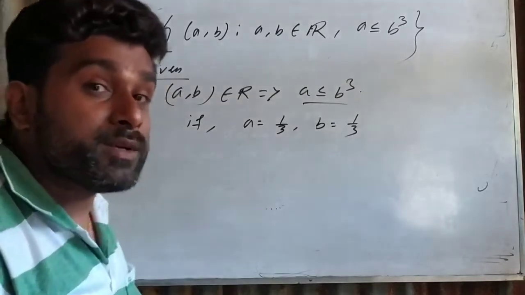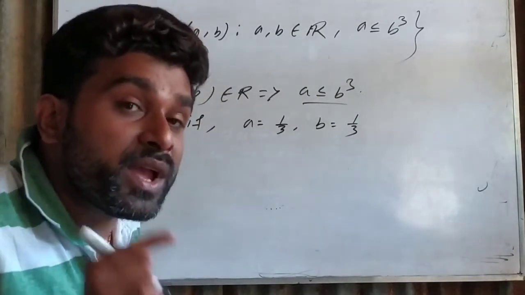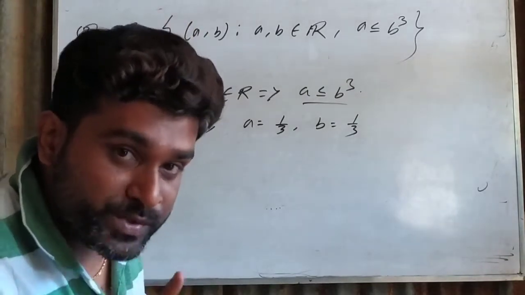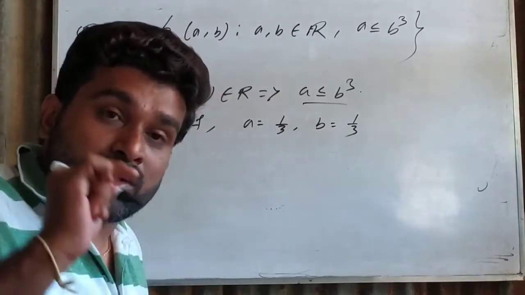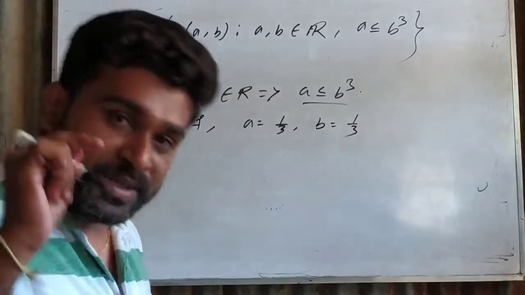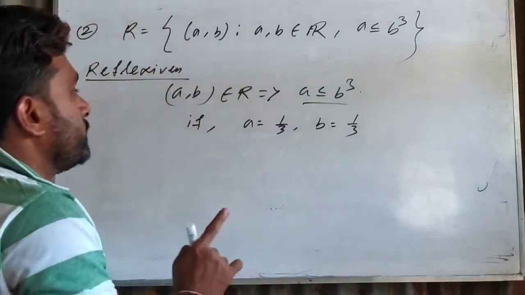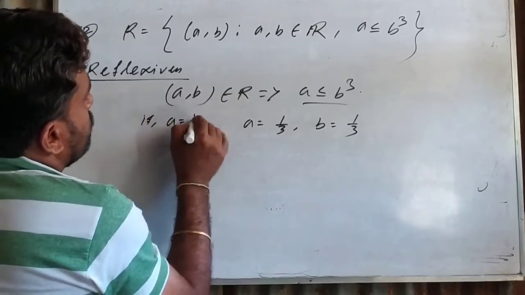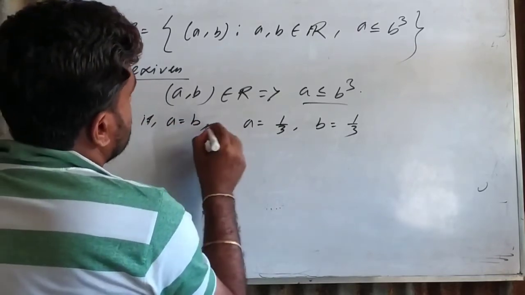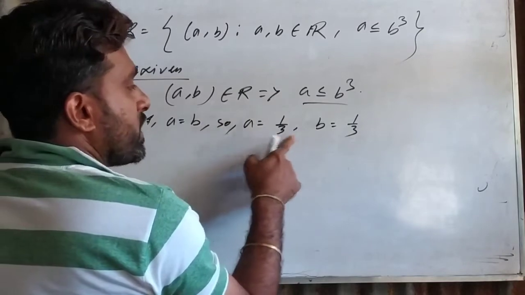For the reflexivity property, the same values of a and b have to be chosen. Remember this thing. For the reflexive property, the same values of a and b will be there.